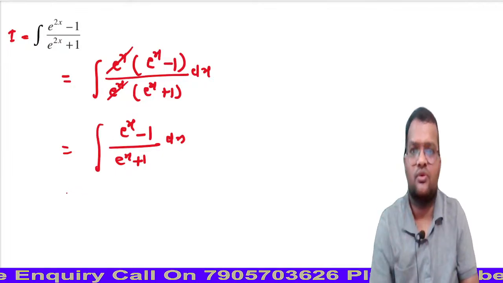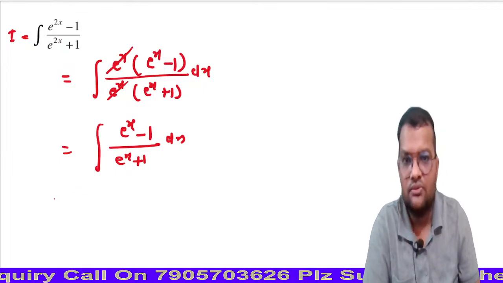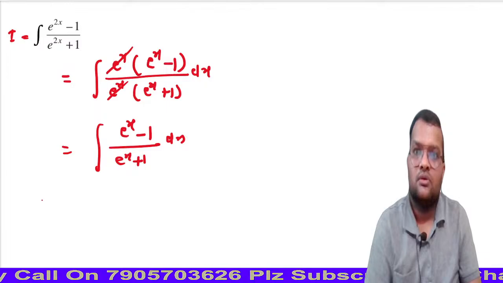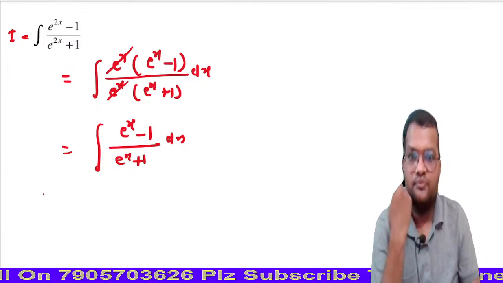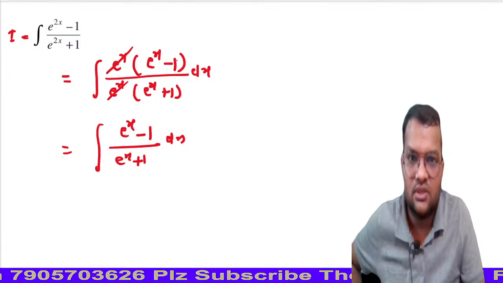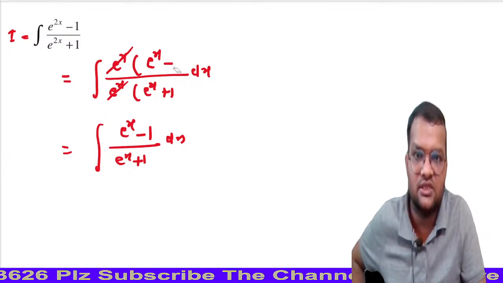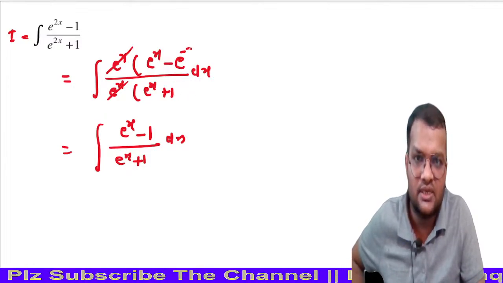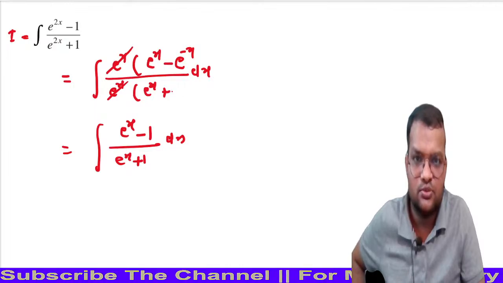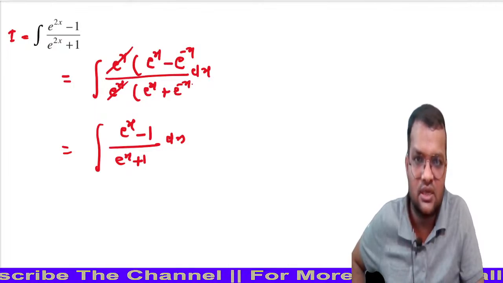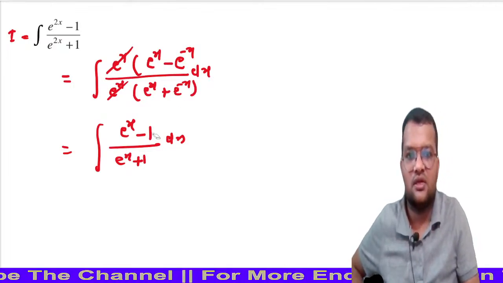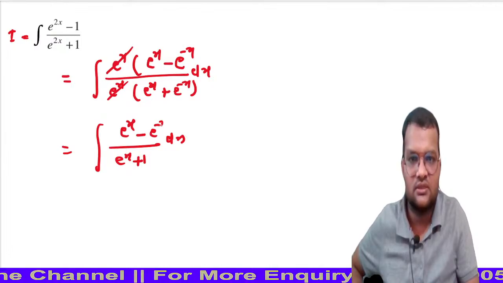Sorry, when you take the common e to the power x here, it becomes e to the power minus x. Here also e to the power minus x.